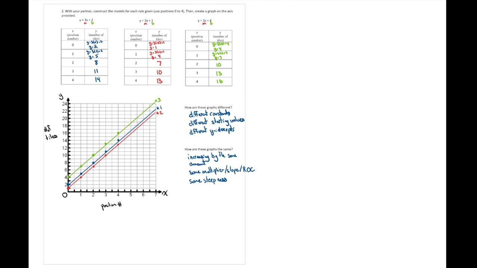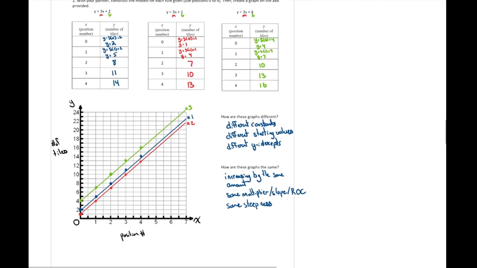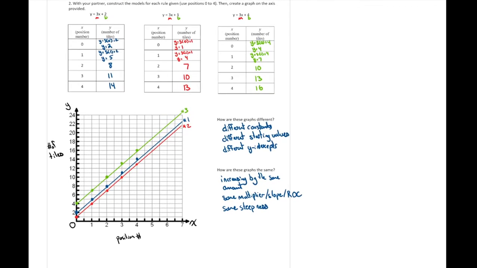Generally we would start with our rule, use that to figure a table of values, plot those points onto our graph, and we looked at some comparisons of how our graphs can be affected by what is in our rule. And if you take a look at the following summary video, hopefully you can summarize all those connections in one place.